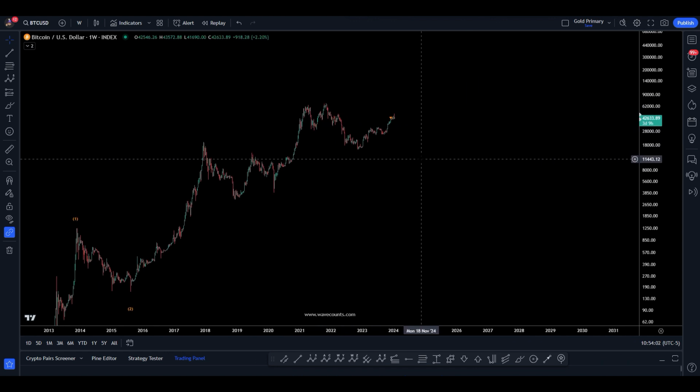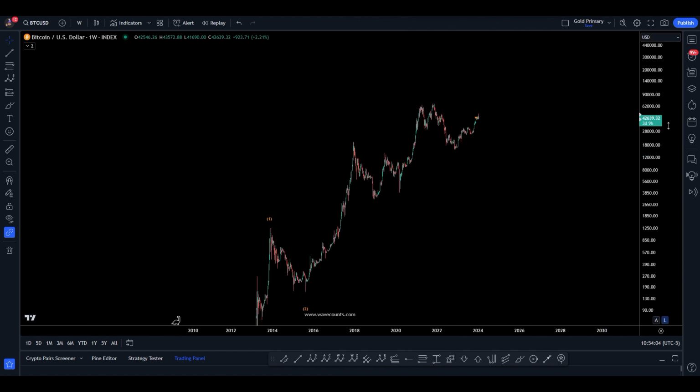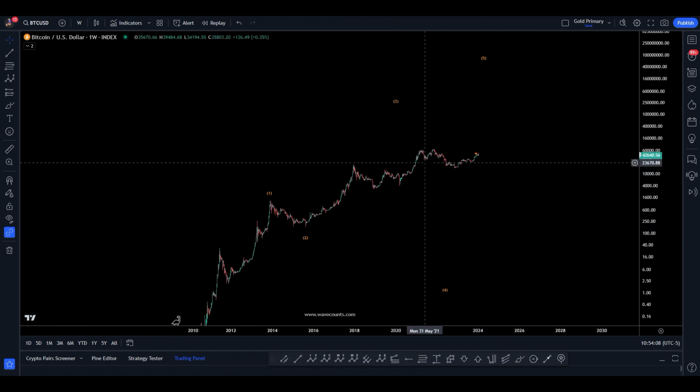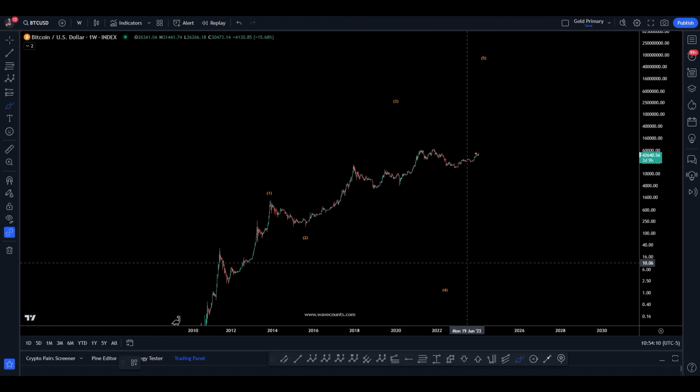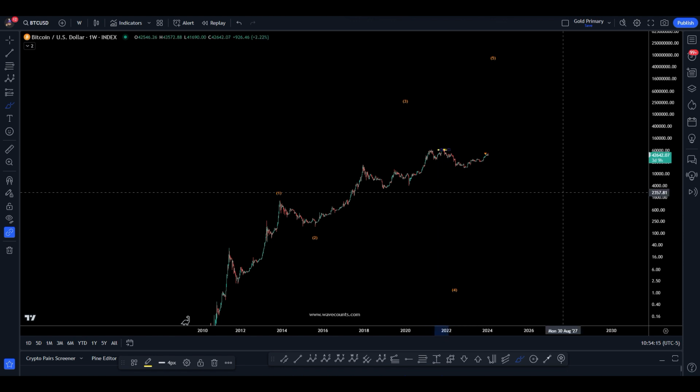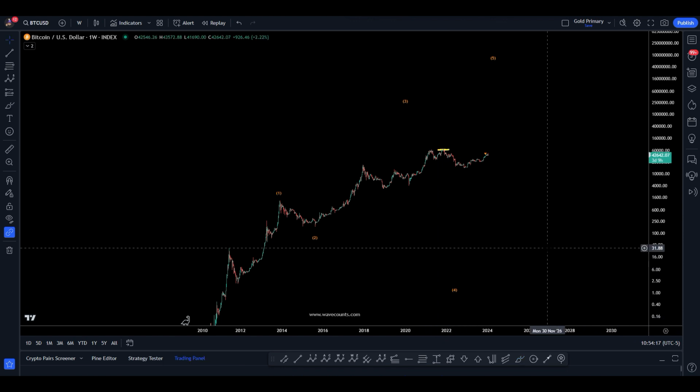Okay? Most people got into Bitcoin. I'll tell you exactly where most people got into Bitcoin. Right there. That's where most people got into Bitcoin. The majority of people who've ever bought Bitcoin, I'm not talking about the largest holders. The largest holders got in like here.